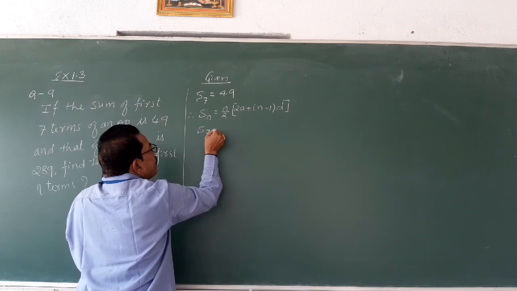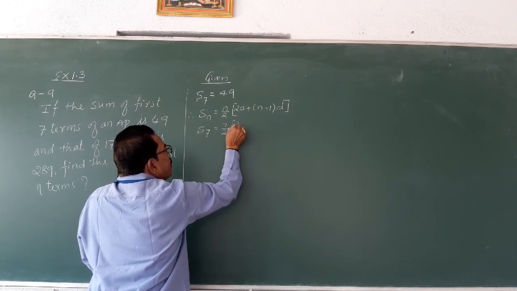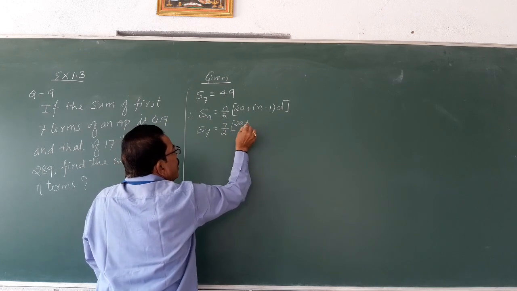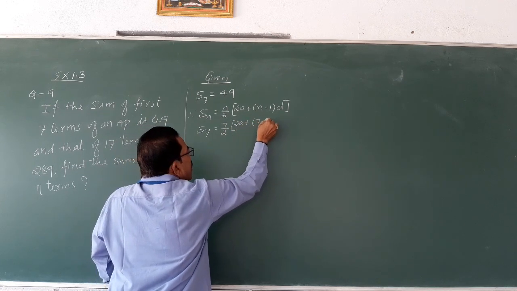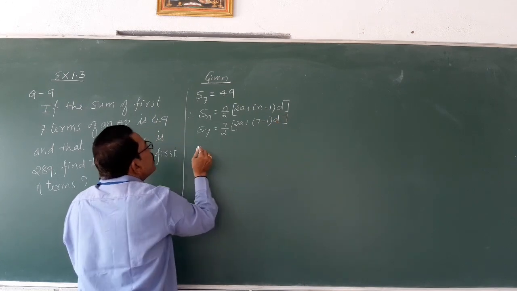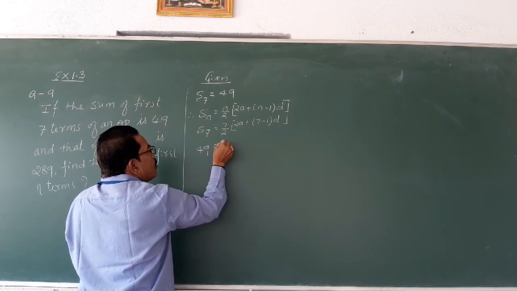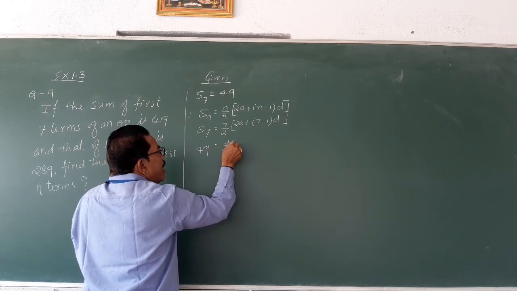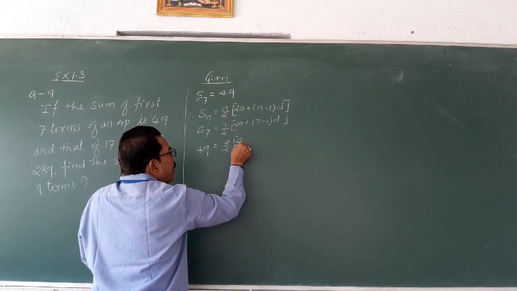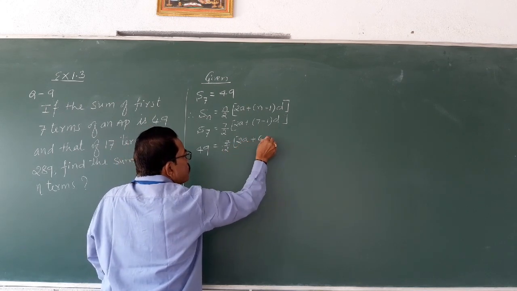S7 equals 7 by 2 in the big bracket 2a plus 7 minus 1 into d. Here S7 is 49, so 49 equals 7 by 2 in the big bracket 2a plus 6d.